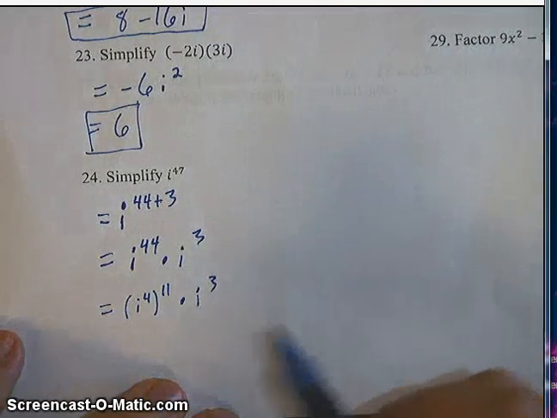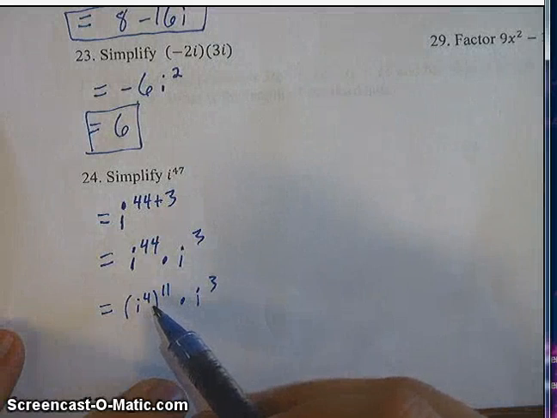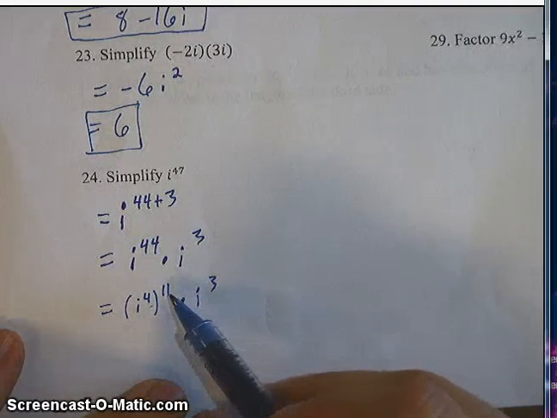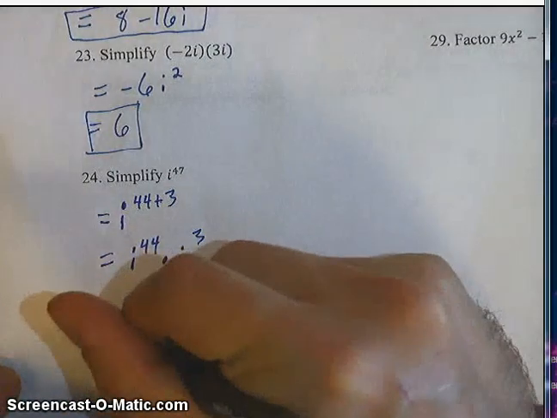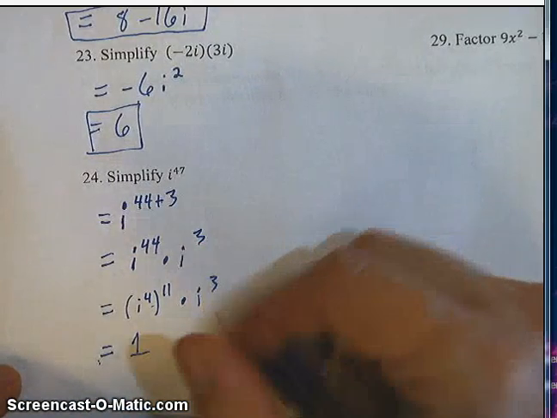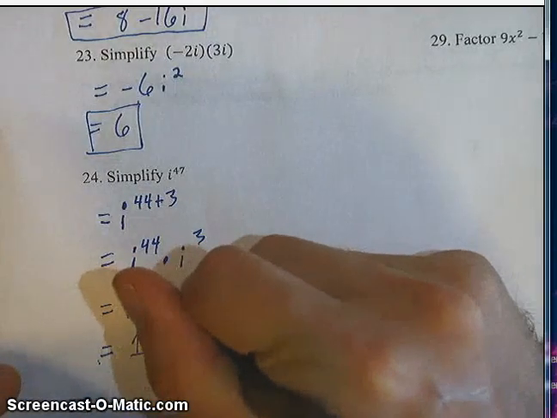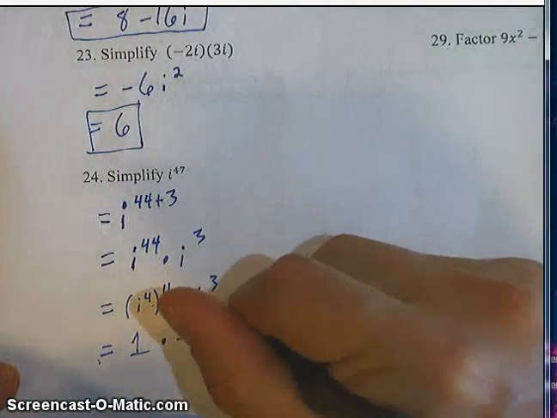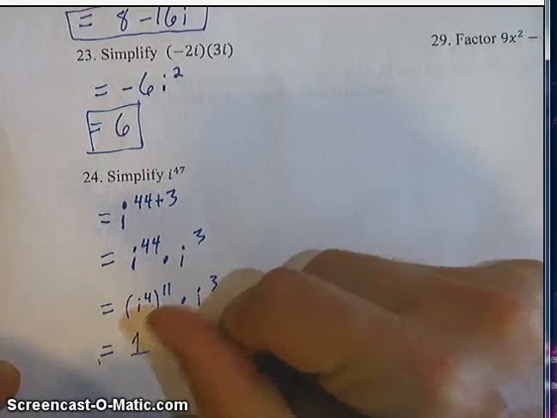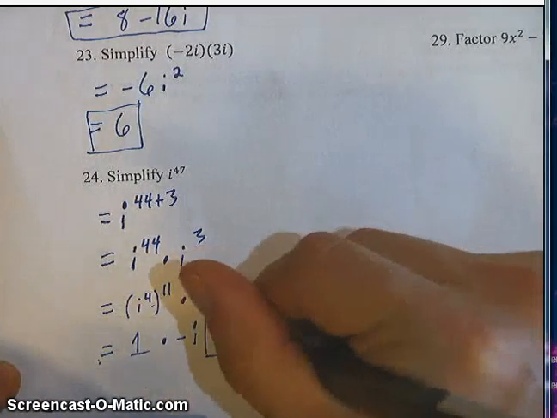Hopefully you remember that i to the 4th is just 1. So 1 to the 11th power is 1 times 1 times 1 times 1, which just equals 1. And i to the 3rd equals negative i. So what's 1 times negative i? That's just negative i, which is the answer here.